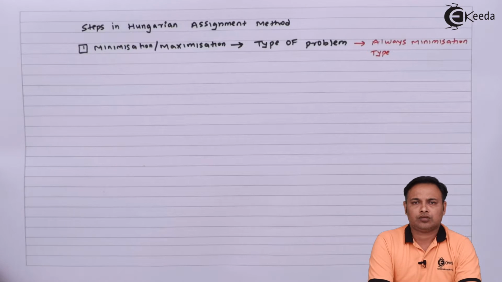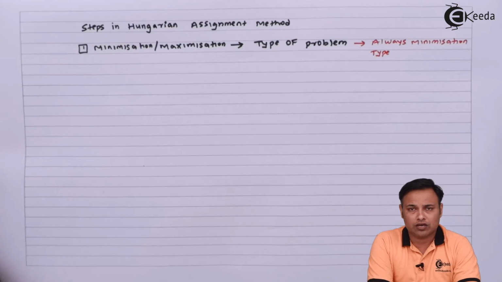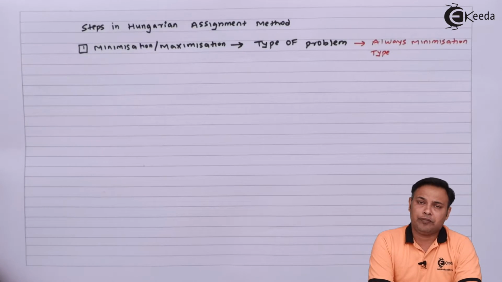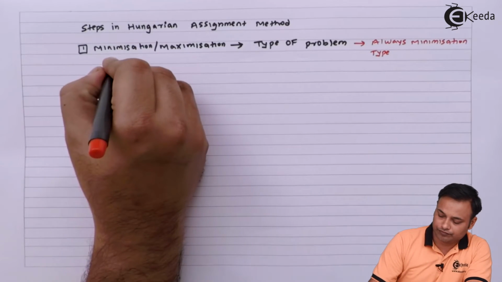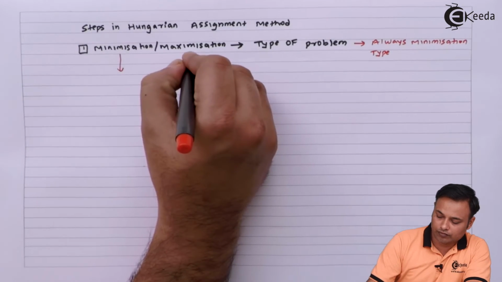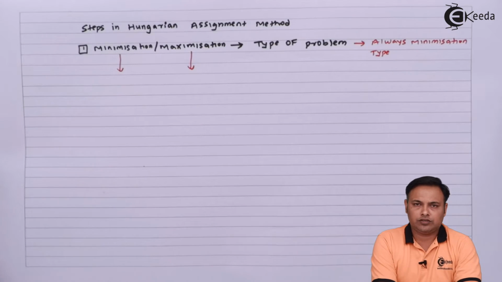So we will first check whether our problem is maximization or minimization, and if it is maximization, we will convert it into minimization. Now which problems are of minimization and which problems will be of maximization? Basically, problems which involve cost, distance, losses or time will be of minimization type.